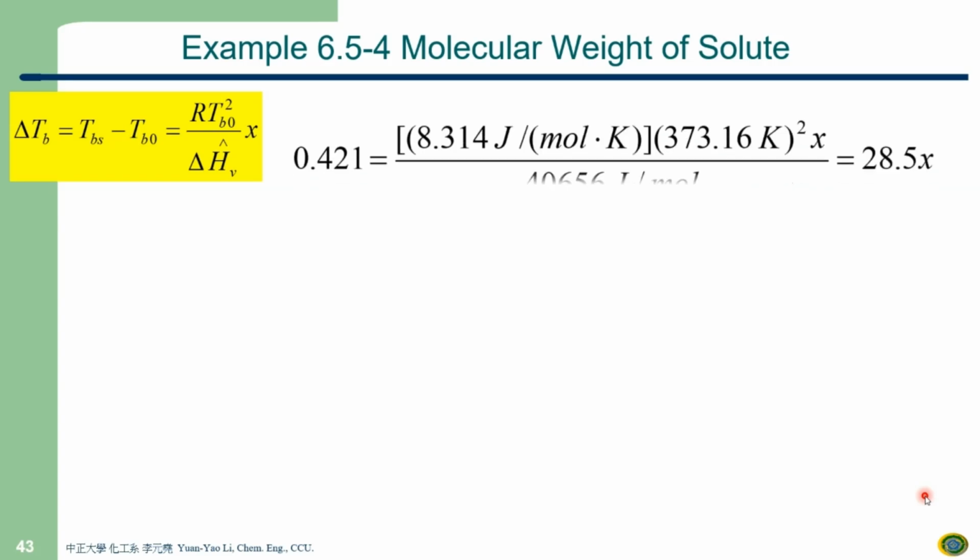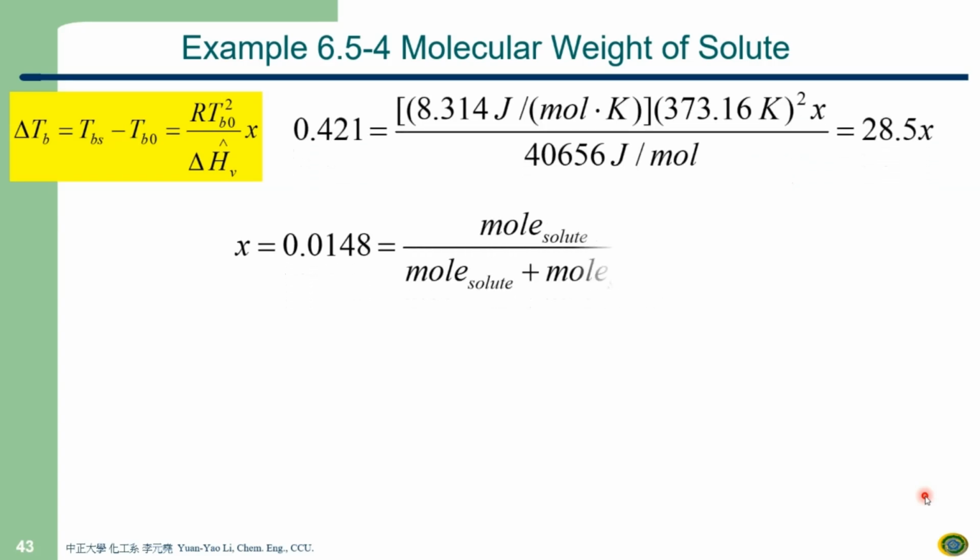So do the quick calculation. What is x? X will be 0.0148 according to this equation. And you understand this is the molar fraction. So molar fraction is the moles of solute divided by moles of solute plus moles of solvent.